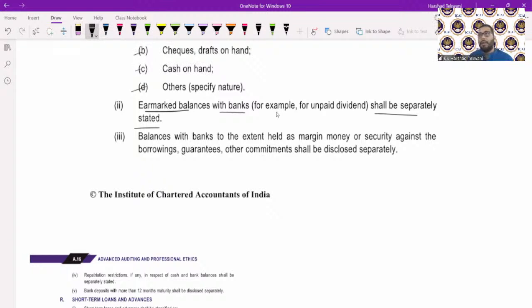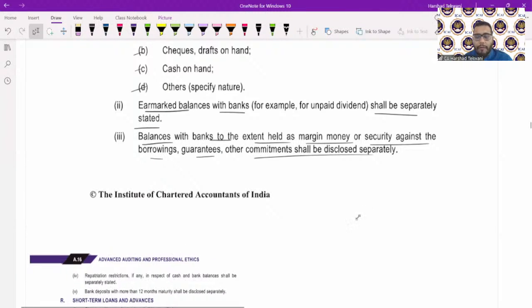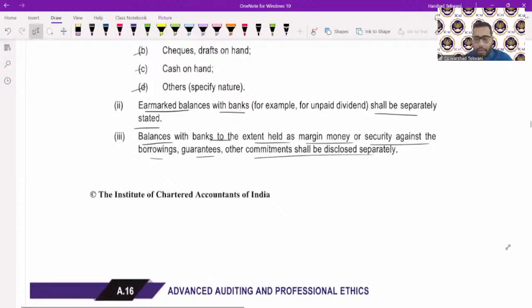For example, amount to be refunded for shares, so share application money which is pending for refund, I need to show separately. Then balances with banks to the extent held as margin money, security against borrowings, guarantees, and commitments shall be disclosed separately. So for example, let's say I have given a bank margin money for a particular amount of borrowing. Then I need to disclose that separately.